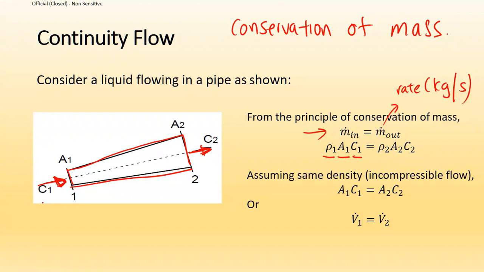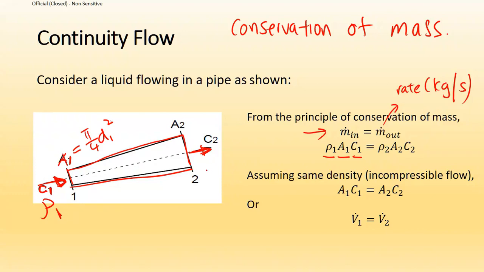Density meaning the density of the inlet fluid. The cross-sectional area is usually considered as a round area, which can be calculated by pi over 4 d1 squared, and of course your C1, which is the velocity of the fluid going in, which is equal to whatever is coming out.